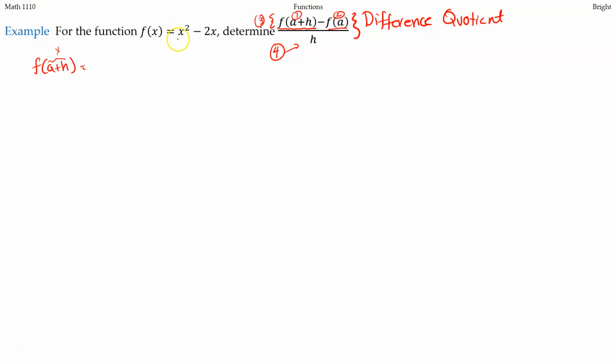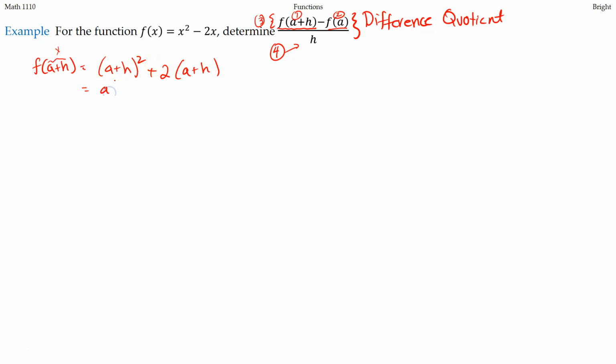So in my function, instead of having x squared, I'm going to have a plus h squared. Okay, and then plus 2, and then I have another x, so I am going to have a plus h. And it is going to be most beneficial to us if we do the FOILing and combine like terms.